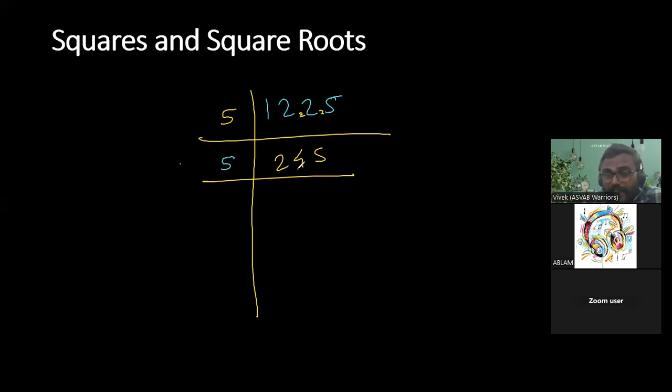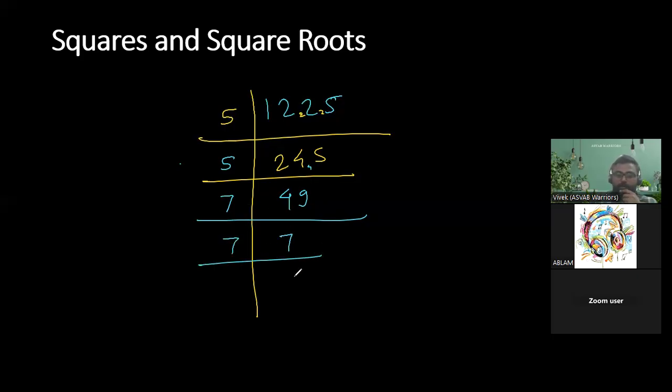How much do we get when we divide 245 by 5? I would get 49. Now the next prime number that I can divide 49 by is 7. So 49 divided by 7 is 7, and 7 can be divided by 7.